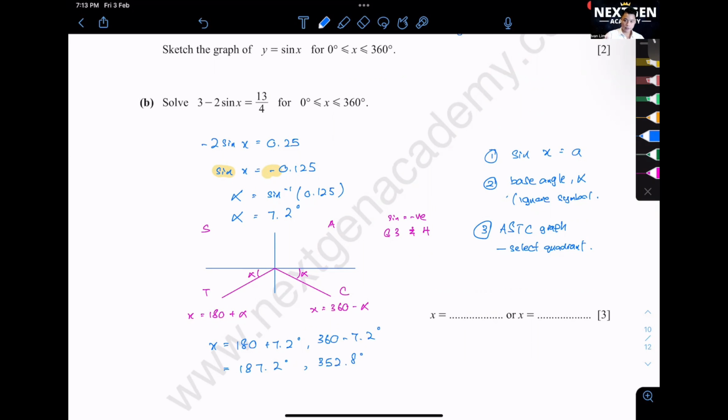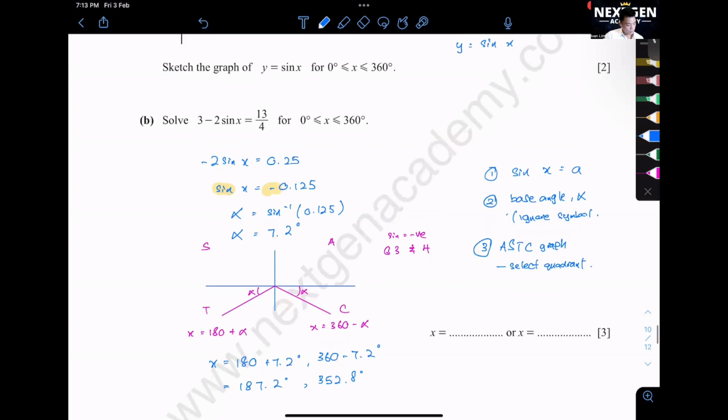Anyone not clear on how to do this trigo? You go into Thinkific. If still not clear, you all just ask me personally. If not clear, go into Thinkific and watch 6.4 first. 6.4, you all need to learn.